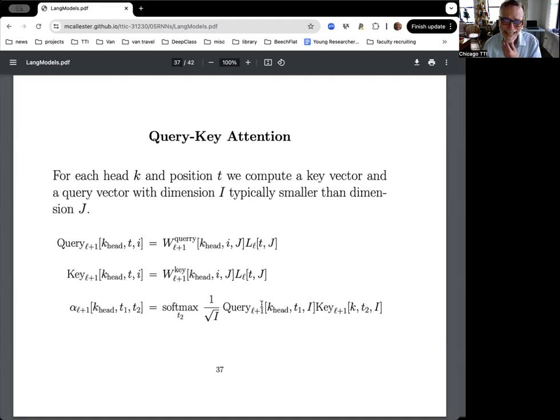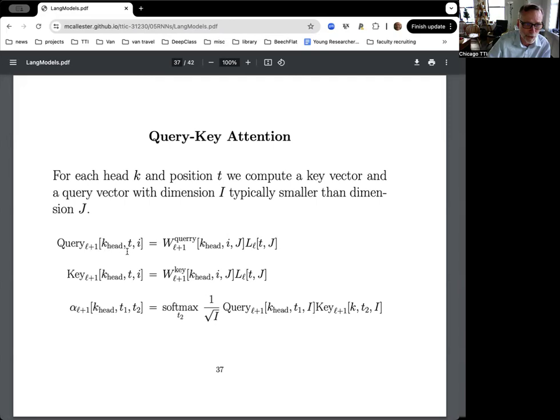So how is this attention computed? There's a network. These are going to be matrices, model parameters that are specific to a particular head. So K is going to be a head. And we're going to compute at this position for this head, one position T, and I is an index on the neuron, on the feature, right?